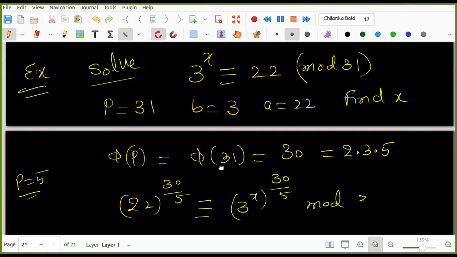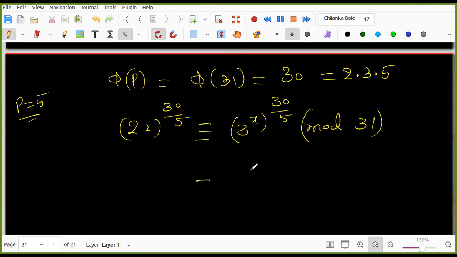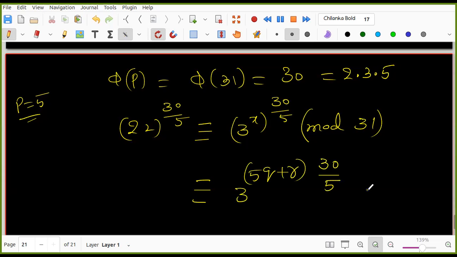Here we will write x as 5q plus r. I divided by 5 and took the remainder. You know this. This is not a complicated thing. Whatever I did earlier, now it becomes easy to understand.